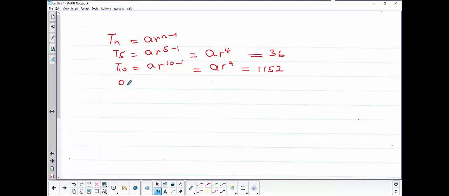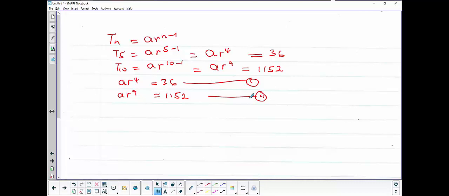So let us write it properly. We have A r to power 4 equal to 36. We also have A r to power 9 equal to 1152. We can call this equation 1 and this equation 2. This is a simultaneous equation, so we can solve it simultaneously.